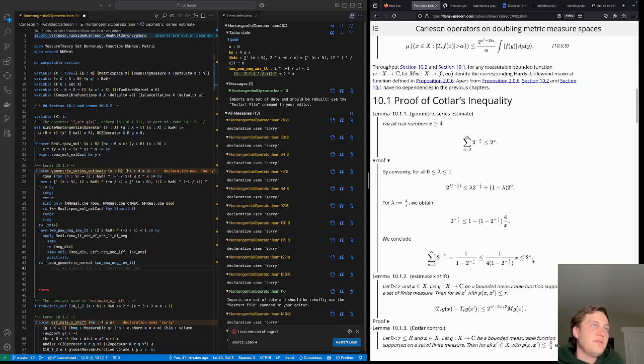By convexity for all 0 less than or equal to lambda less than or equal to 1. Right. So what we're being advised to do here is, okay, let me just look at this. Lambda to the 1/4, 2 to the -1/4. So what are we doing here? We are using the convexity of the function 2 to the x on the interval from -1/4 to 0, right?